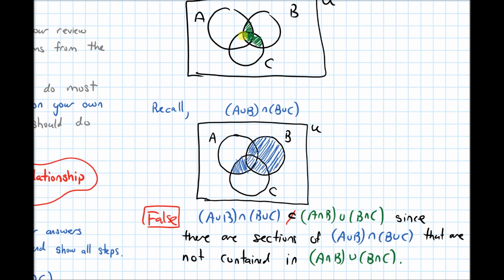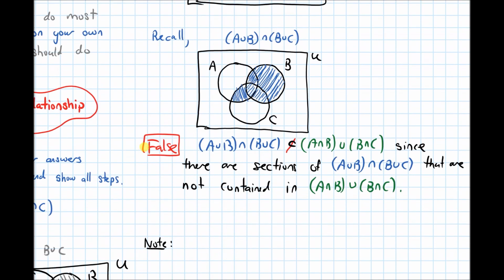You might notice that the opposite direction would have been true. The green one is a subset of the blue one. So let me just make a note of that.